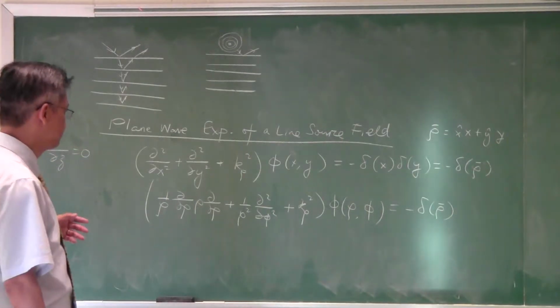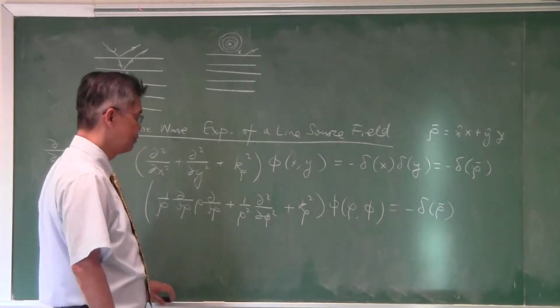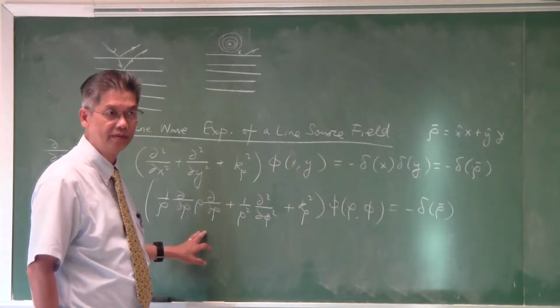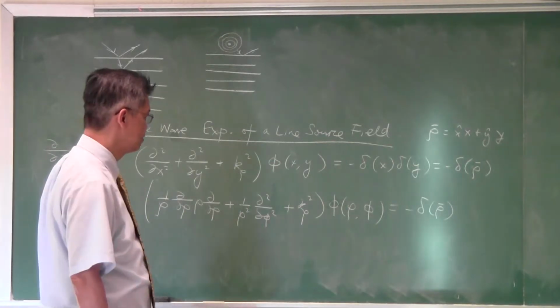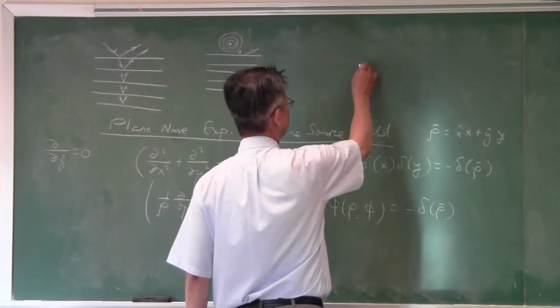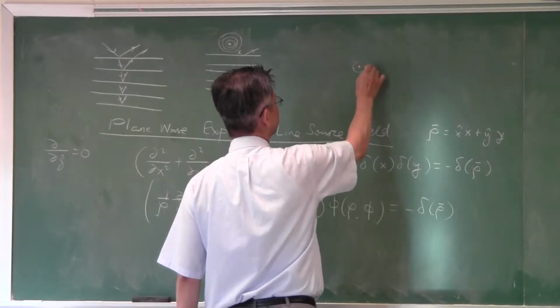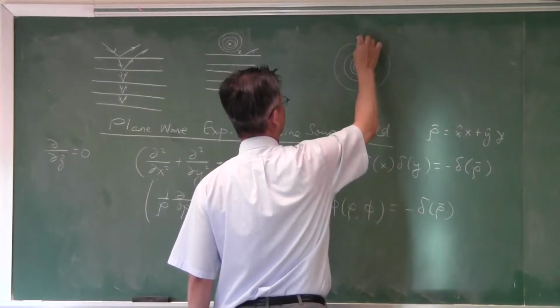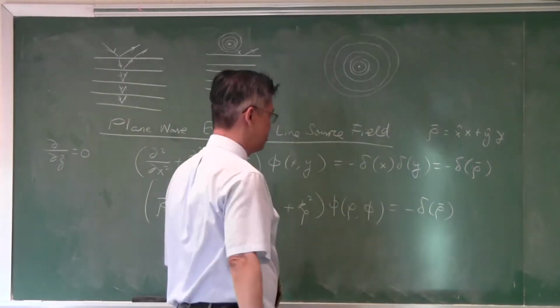Okay, so if you were to solve this problem, you go through the same method as finding the Green's function of the system. You look for the solution for this system, but this is a solution where you have a line source which is producing a field that is entirely axisymmetric or cylindrically symmetric.